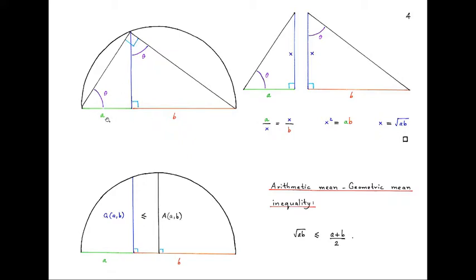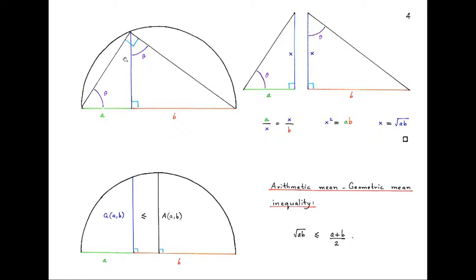When we erect a perpendicular to the diameter, we create two right angle triangles, and I claim that these two right angle triangles have the same shape. This is because if this angle is theta, then this angle is 90 minus theta, because this angle is 90 degrees. And since this whole angle is 90 degrees, it follows that this angle will be 90 minus this angle, and hence it's equal to theta.